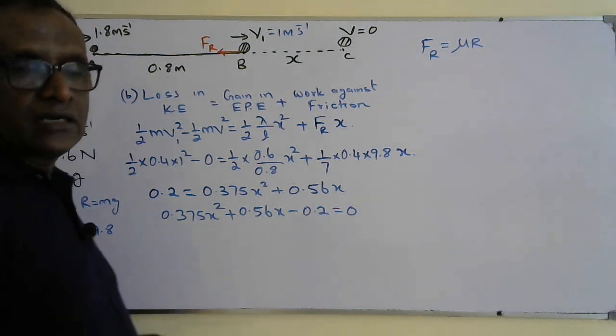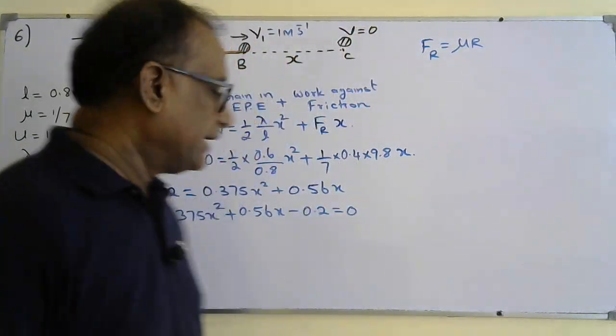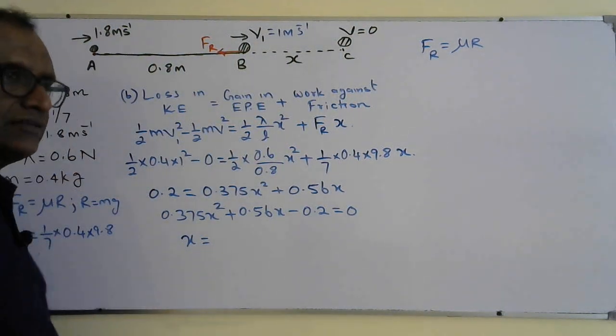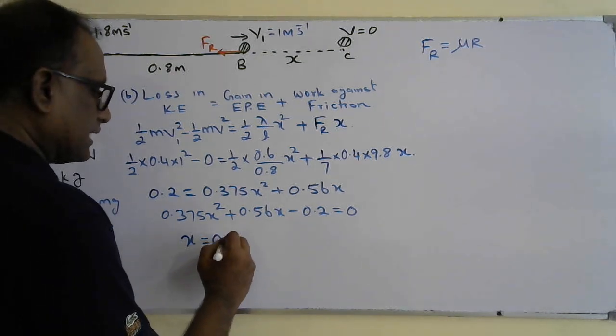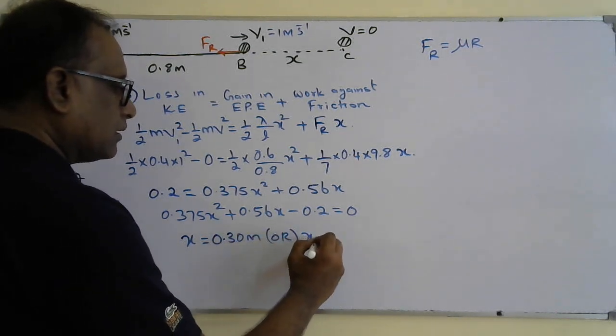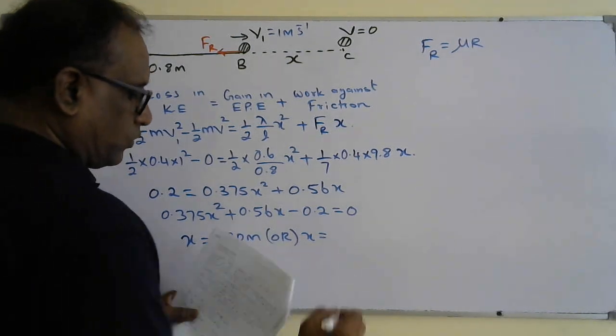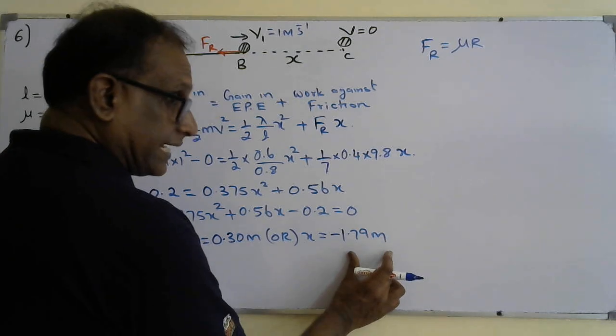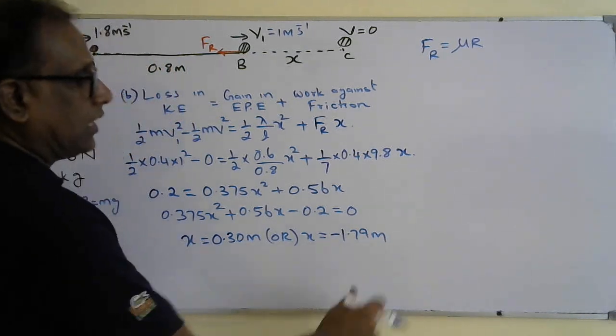Solve it using the calculator in equation mode. You will get x equals 0.297, so I can say 0.30 meters, or x equals minus 1.79. Anyway, we don't consider extension as a negative value, extension is always positive.